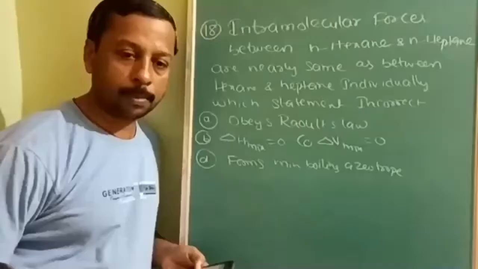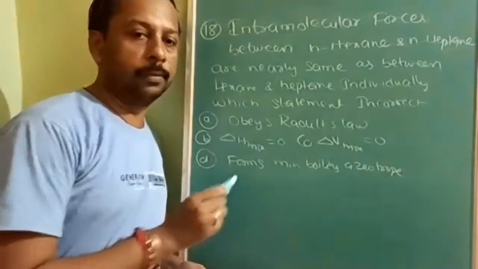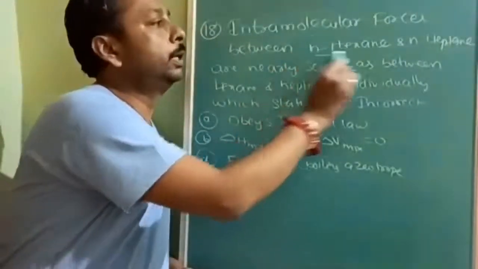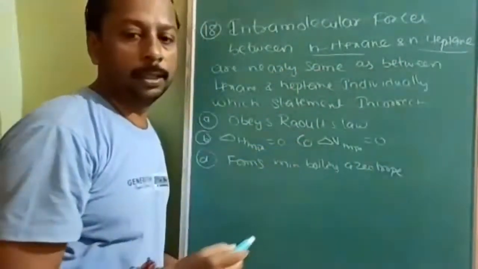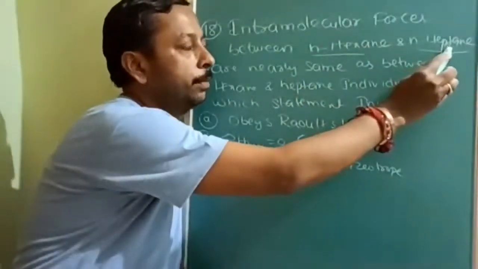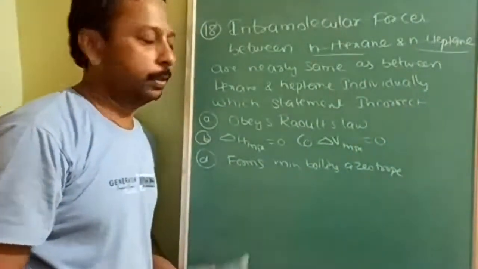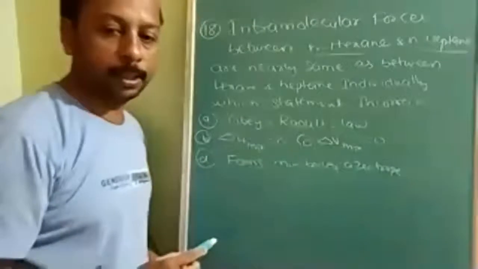Okay, here some properties of 2 solutes are given: n-hexane and n-heptane. Hexane-hexane attraction, heptane-heptane attraction is same as heptane-hexane attraction. Then which of the following statements are incorrect?